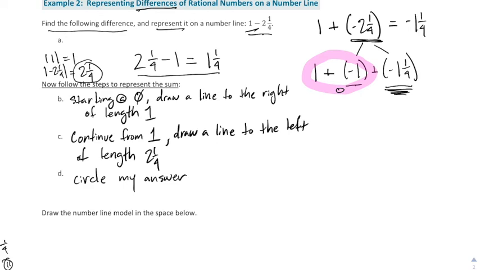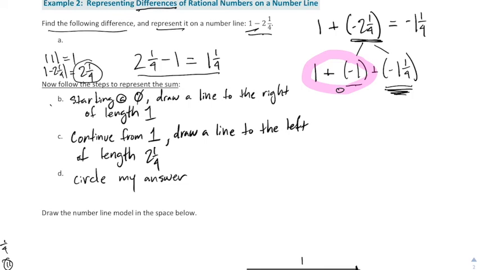Okay. I'm starting out at 0, drawing a line to the right to represent my 1. And there it is. It's length 1. I'm starting at 1. And then I'm going to draw a line of length 2 1/4.